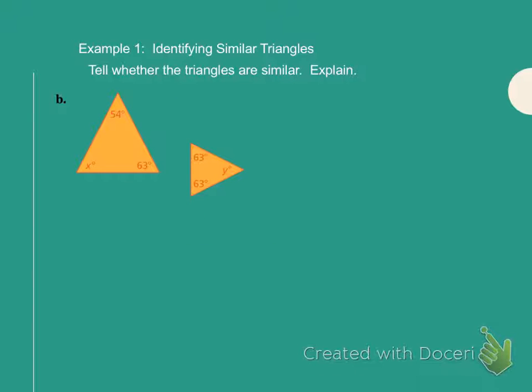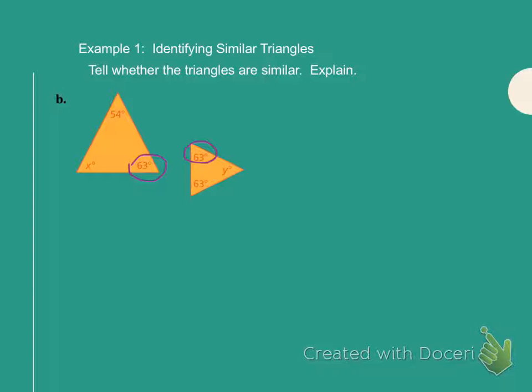Let's look at our second one here. We're going to write and solve an equation to find out what x is. Because we see that we have 63 and 63 the same, but 54 and 63 are not. That doesn't mean that they're not similar, because maybe our x is the other 63. We don't know yet.